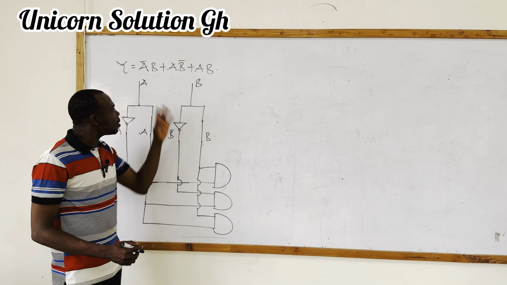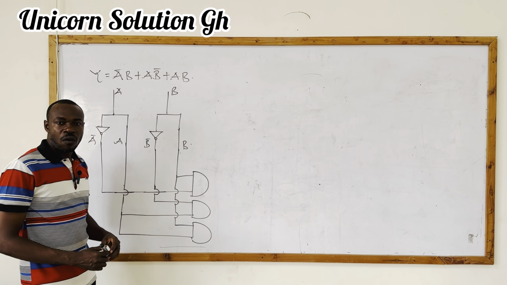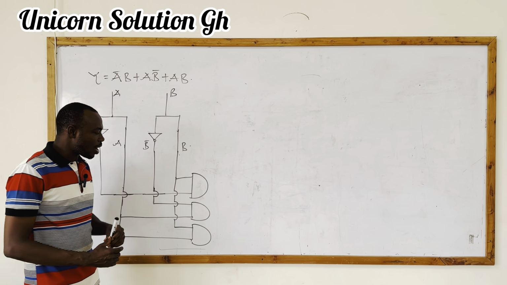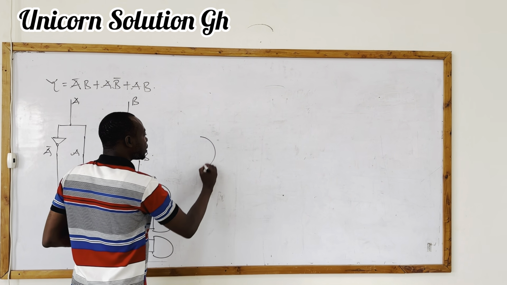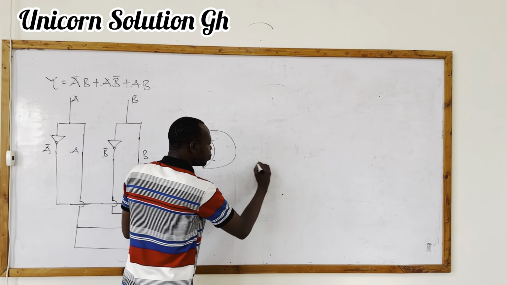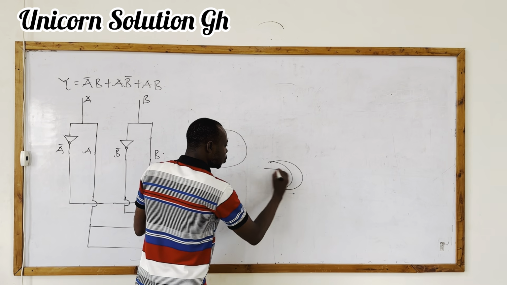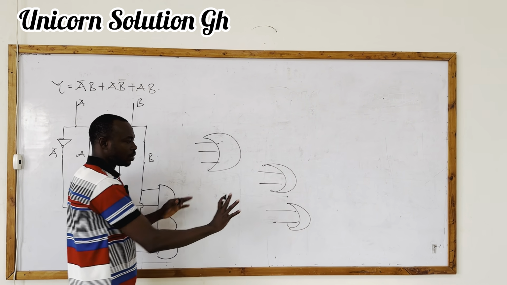But remember, all these AND gates are combined by an OR gate, which is plus. So I can choose to put all of them into a 3-input OR gate, or two-input OR gates.